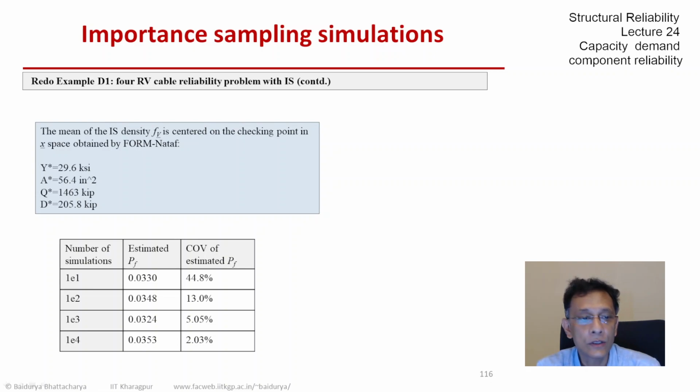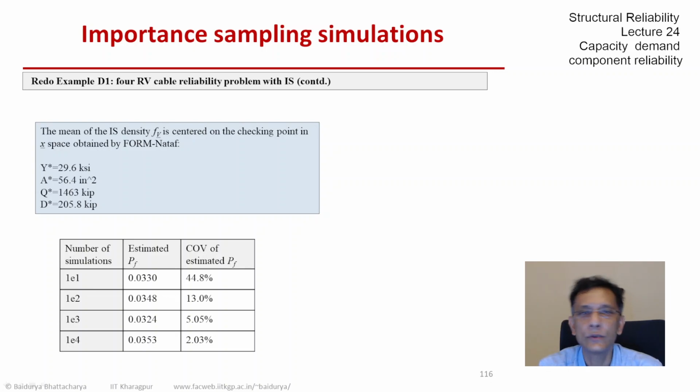There's a huge uncertainty, about 45%, but we have not gone too far off if we choose the importance sampling density function that we did, and the mean of fV centered on the FORM design point. We are pretty good. Instead of 10, if we did 100 simulations, we would stay around the same value of the estimate, but the uncertainty comes down significantly to 13%.